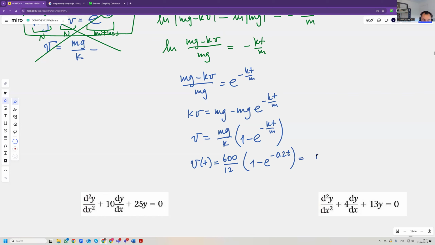So that's 50 multiplied by 1 minus e to the minus 0.2 t.